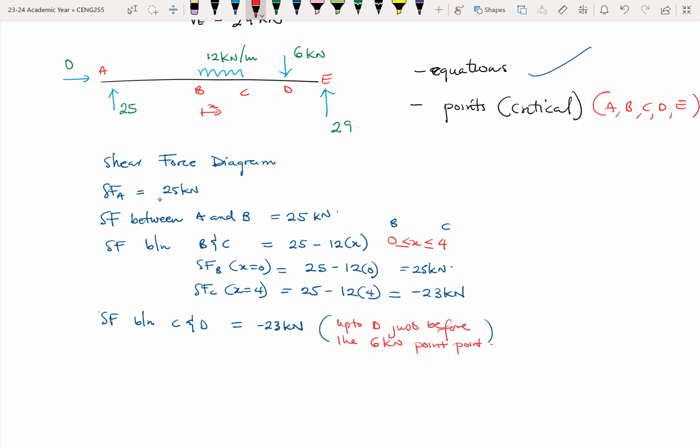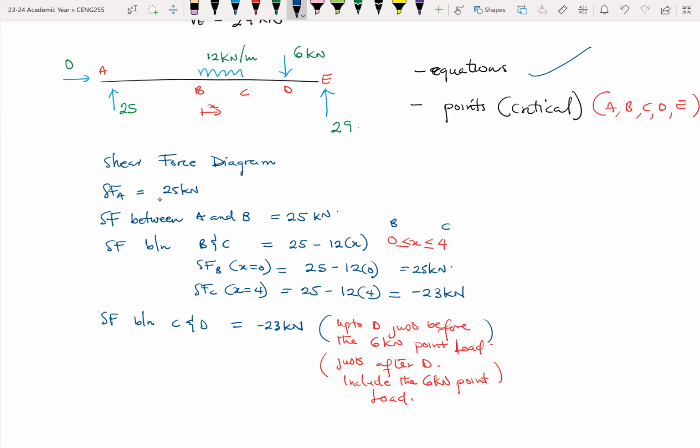So this is just before, which means that just after D, we have to include the point load.